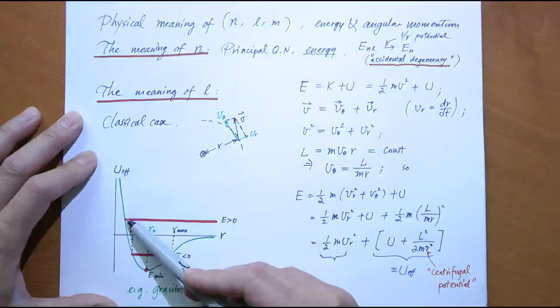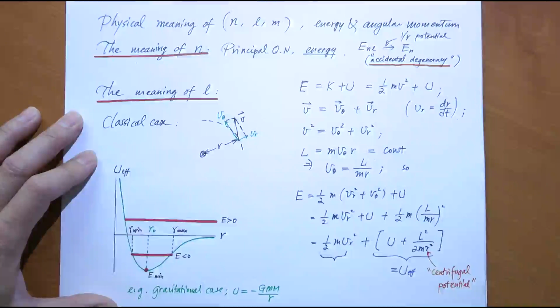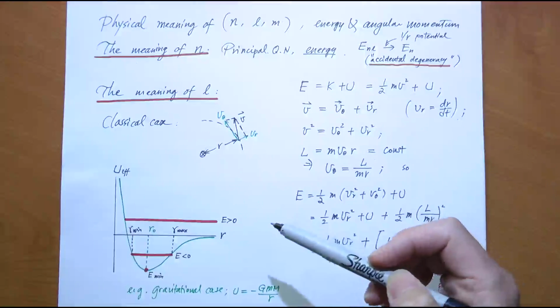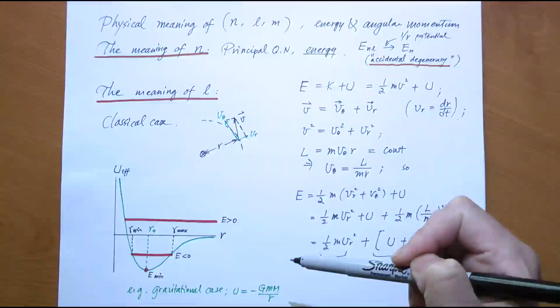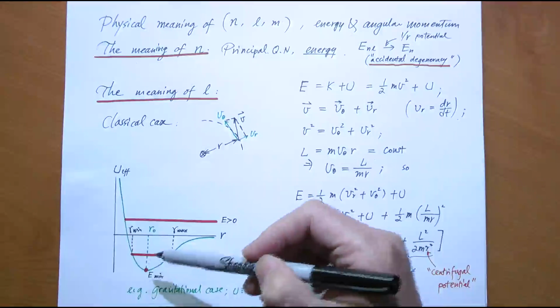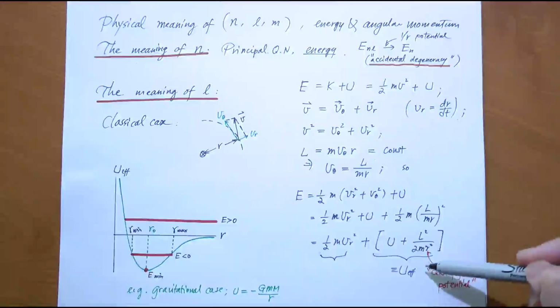And that corresponds to the case of a hyperbolic orbital. So these are results that we already know from classical physics, but this illustration is very useful at showing you how the orbital changes as the total energy changes compared with U effective.